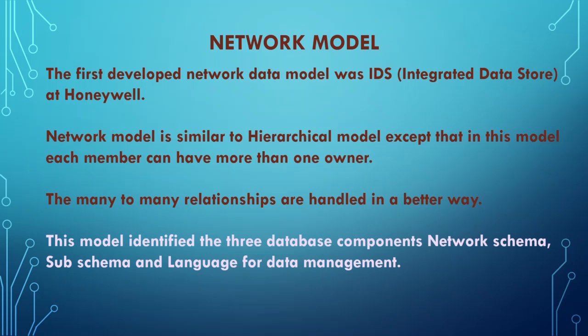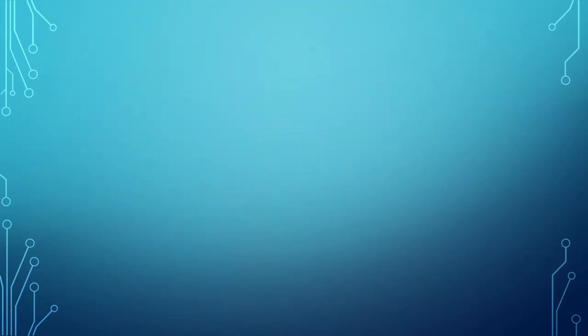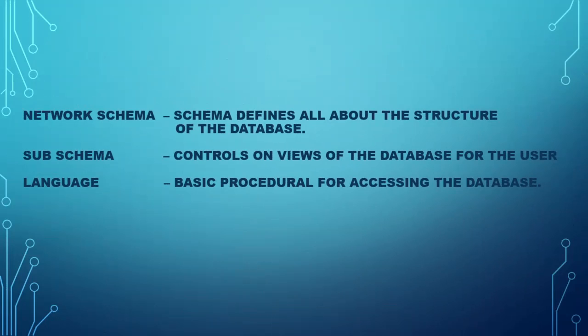So the database model can be selected according to our need when we are storing the data. So now let us see the three database components of the network model: network schema, subschema, and language.